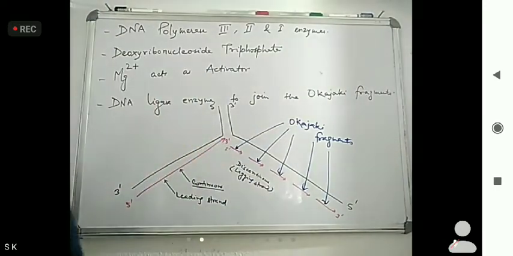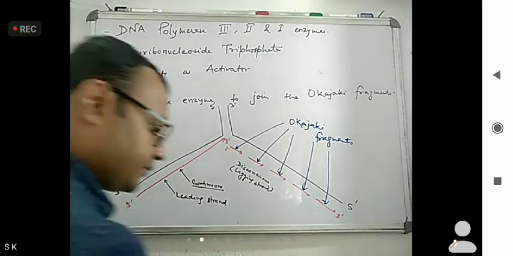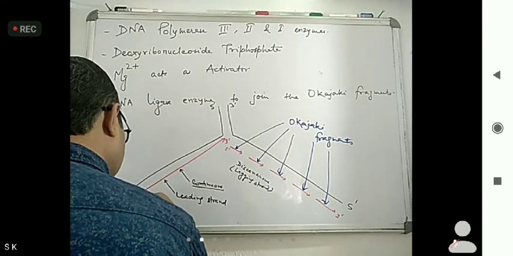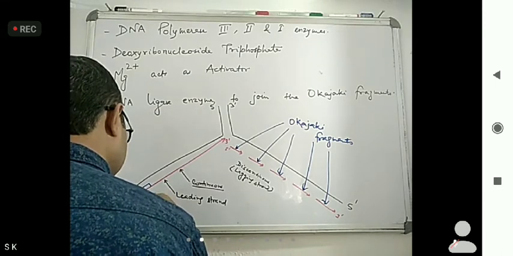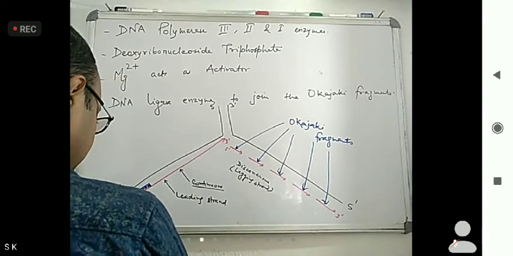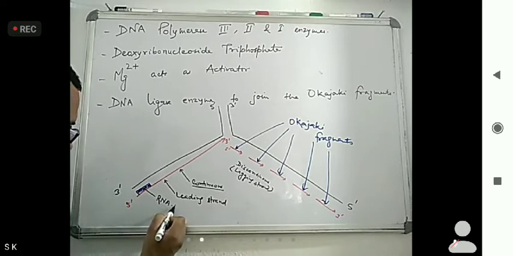Now, I told that for initiation they need RNA primer. So here it came. This is known as RNA primer, which initiates duplication or replication.